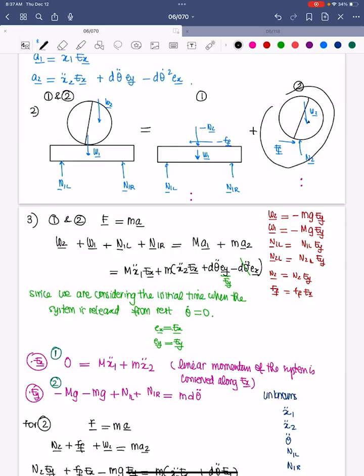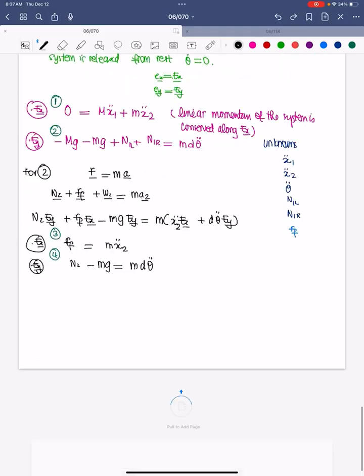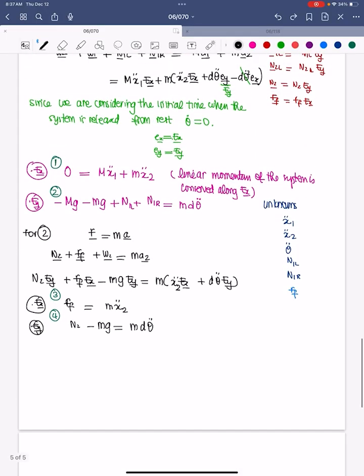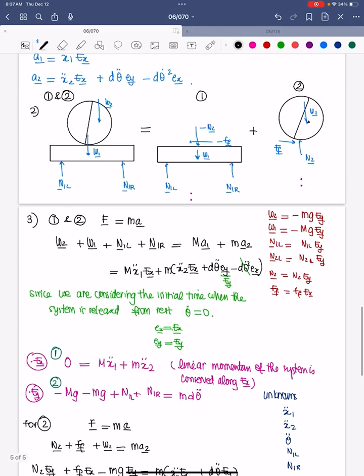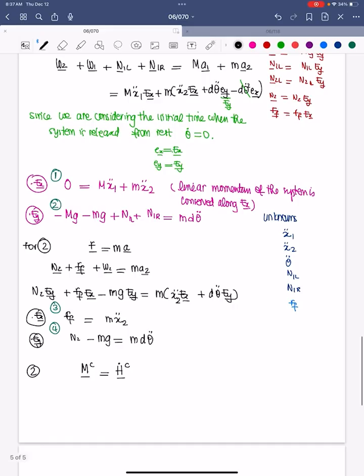If we sum the moments about the center of mass, so for 2 also, MC is equal to H dot C. The moment of the weight about the center of mass is 0, but N2 and the friction force have moments about it.